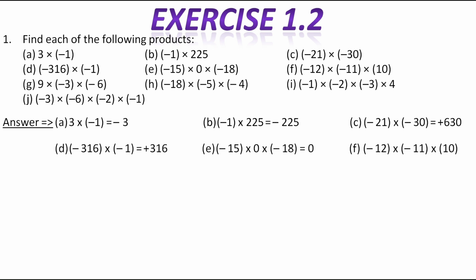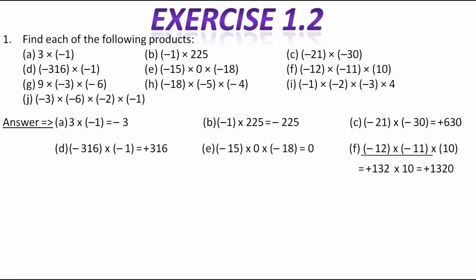First of all we will multiply the first two integers, minus 12 into minus 11. 12 11s are 132. Both of them have the same sign, so the answer has a plus sign. Multiply with 10 now. 132 into 10 gives you 1320 with plus sign because both of them have the same sign.